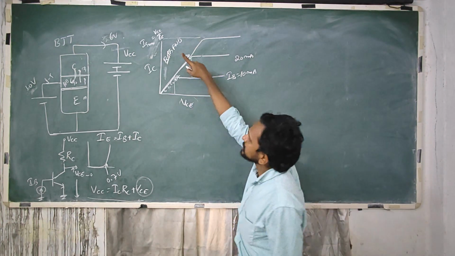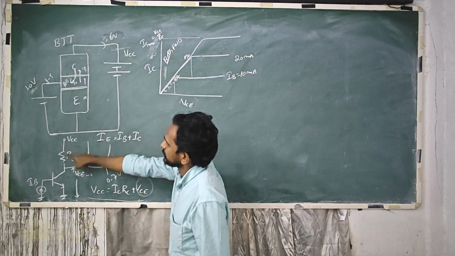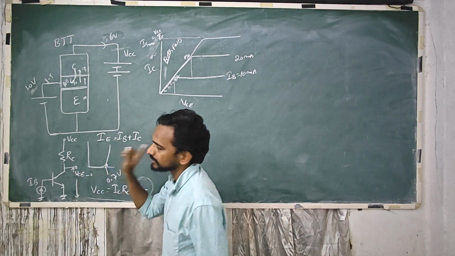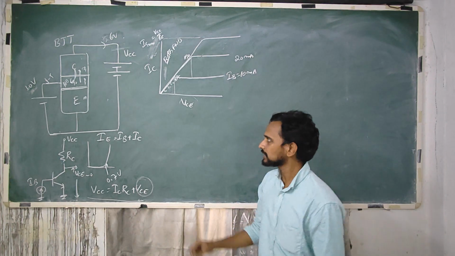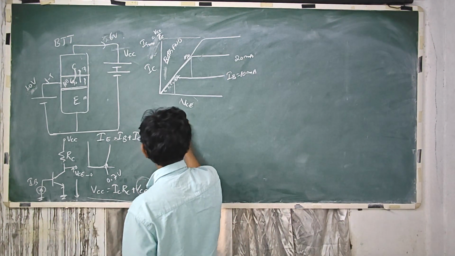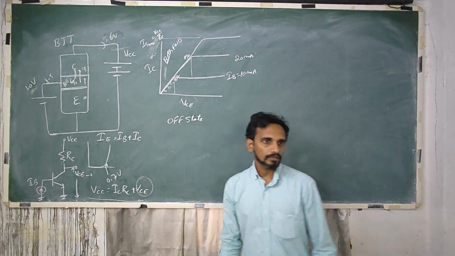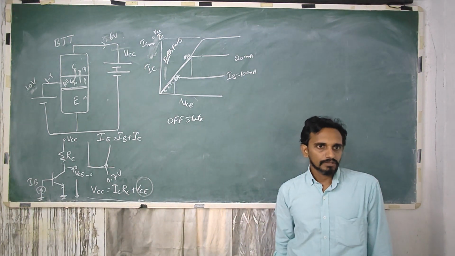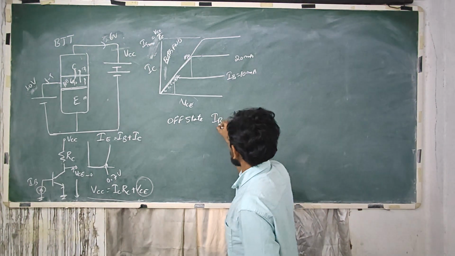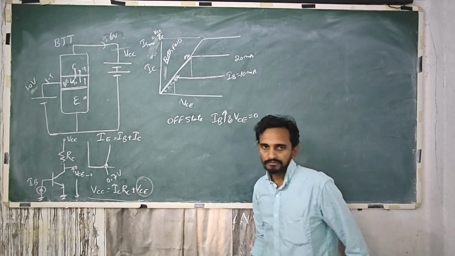So this condition where the entire current flows only through the resistor and VCE becomes 0 is called the off state of the transistor. The off state comes when IB is very large and VCE is 0.